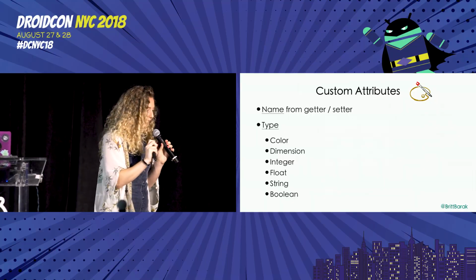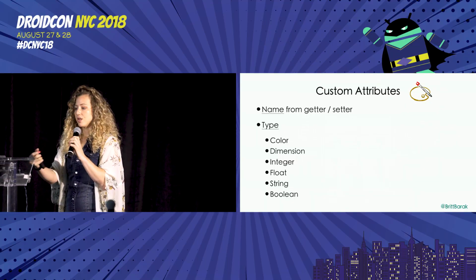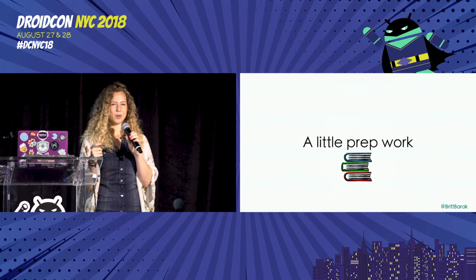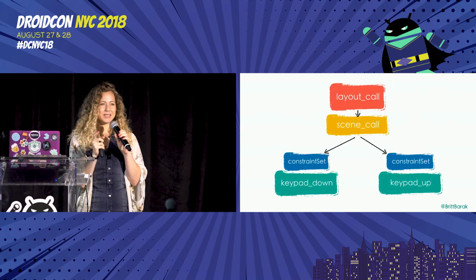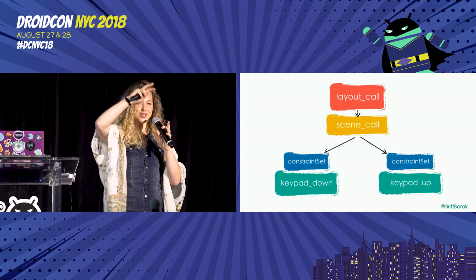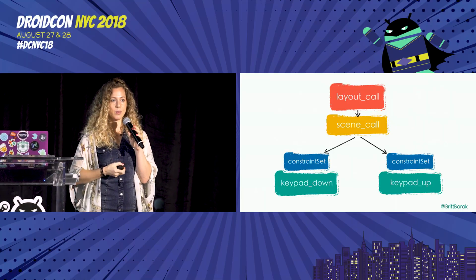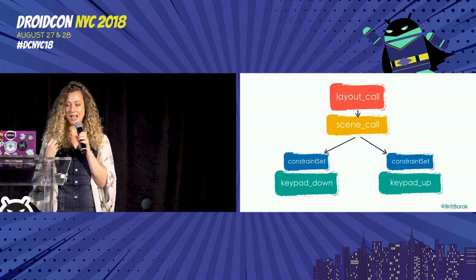In order to do that, I'm not going to lie, we have to do a little bit of prep work. Everything we did so far is awesome, but we need to prepare a little bit more. Up until now, we had the general layout file and the motion scene that just ties together two separate scenes, the start and the end.